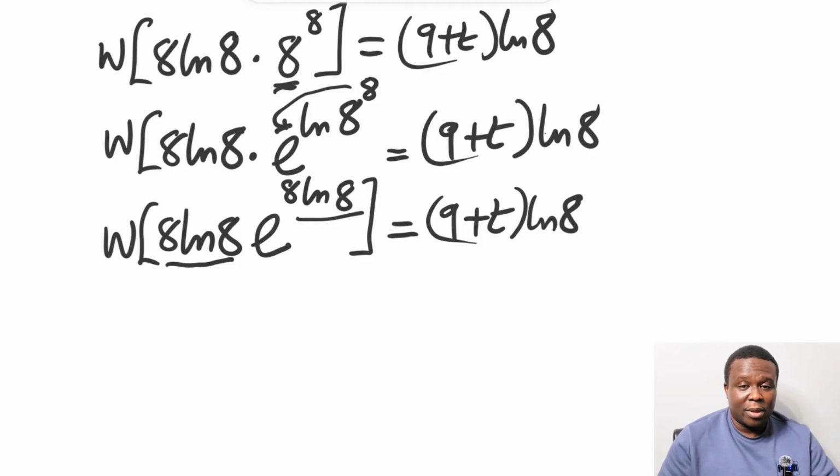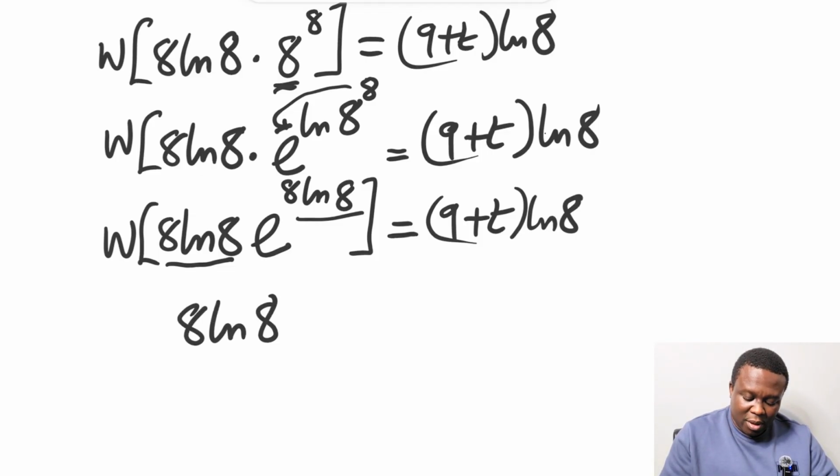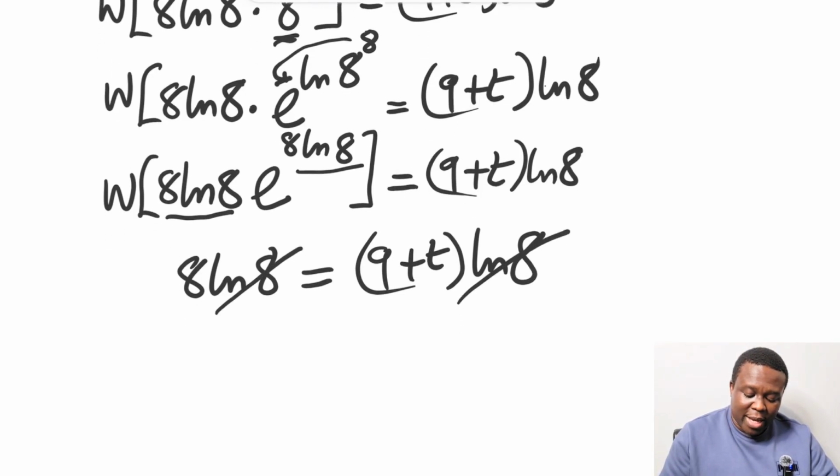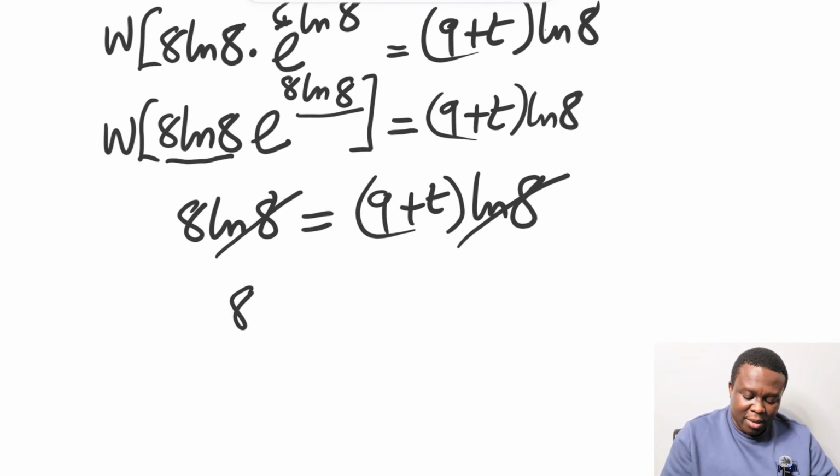So applying the Lambert W function, we have on the left-hand side 8 ln 8 equals 9 plus t, ln of 8. Now we have ln 8 on both sides. They can easily cancel out. And what we have left is 8 equals 9 plus t.